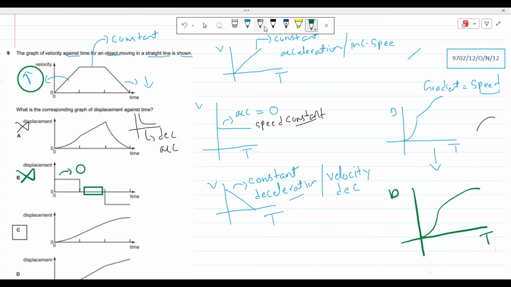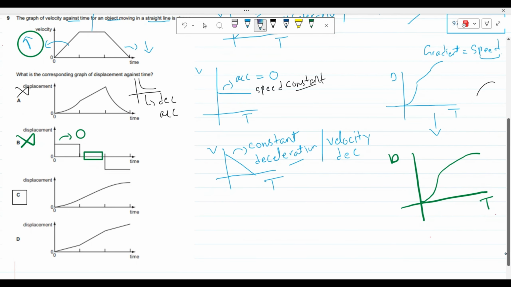Why not D is our answer? Because in D part, there are different constant speeds, right?